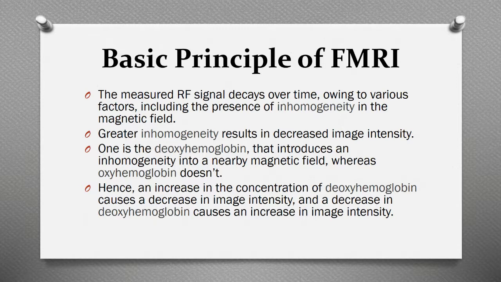That results in an increased image intensity. On the other hand, the increase in concentration of deoxyhemoglobin causes a decrease in image intensity. This is because the deoxyhemoglobin introduces an inhomogeneity into a nearby magnetic field, while the oxyhemoglobin does not.